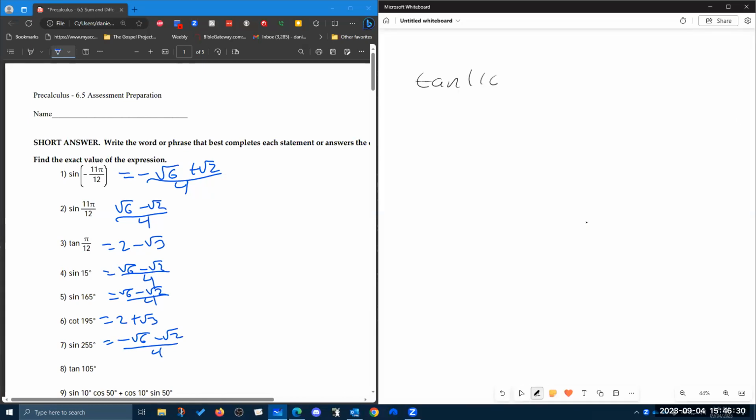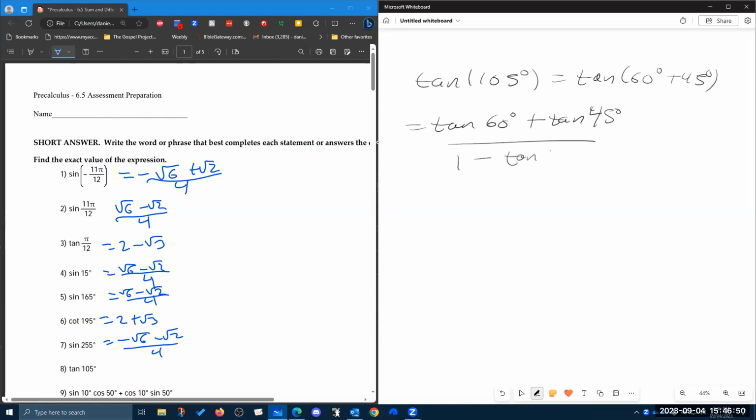Tan 105 is tan 60 plus 45, which is tan 60 plus tan 45 over 1 minus tan 60 times tan 45.